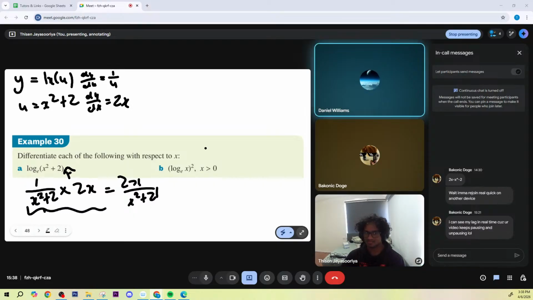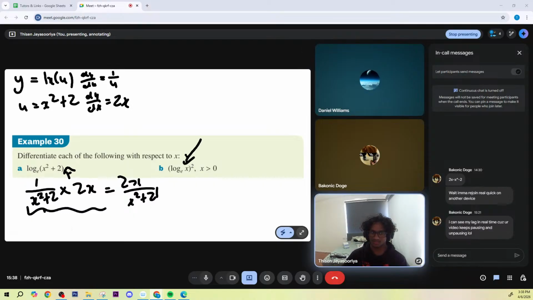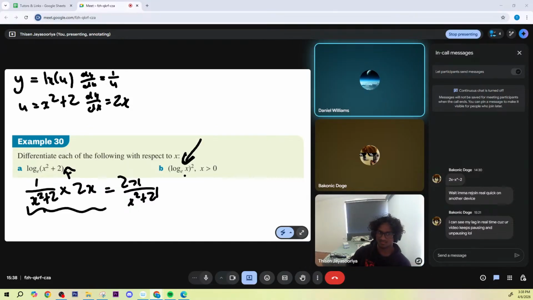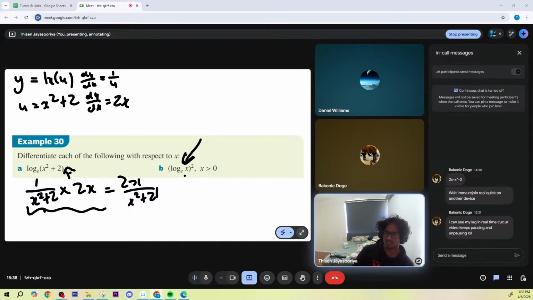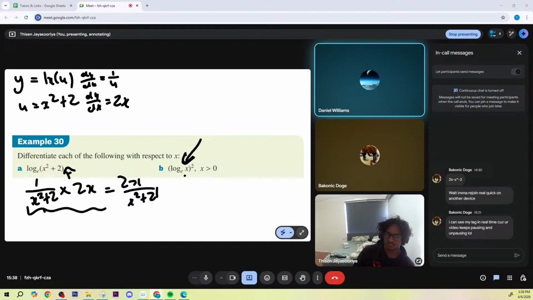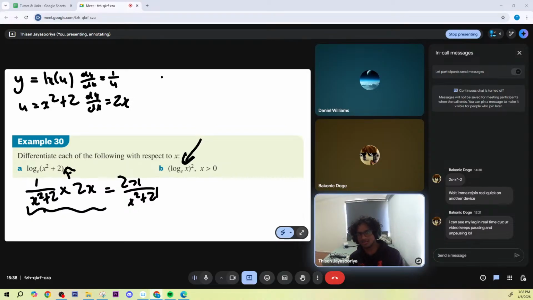Okay, so have a go at this one. What's the outside function? U equals log e x? That's the inside function. So the outside function here is just the square.